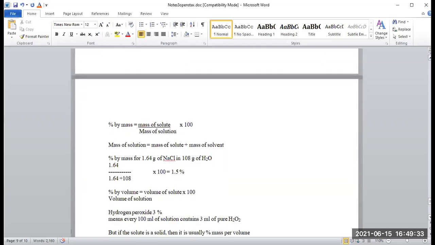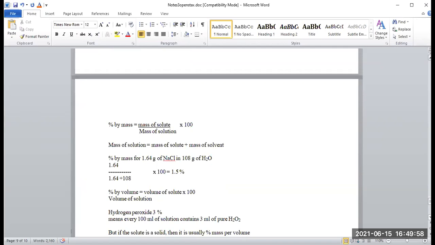So here's another variation which we use a little bit in the hydrate lab because we are actually doing percent by mass. We're actually doing it for a solid when we're in lab, but we could do it for a liquid.